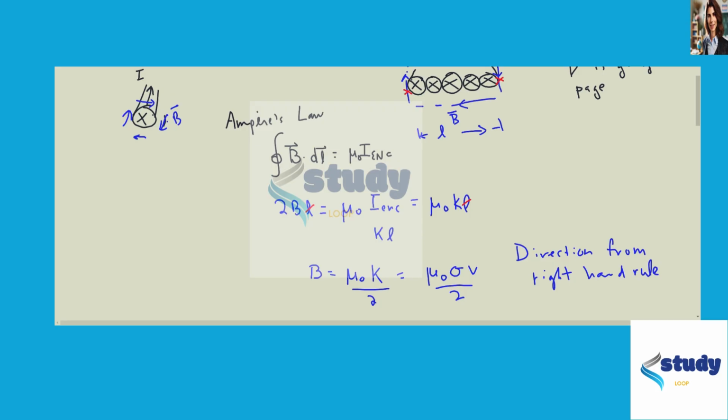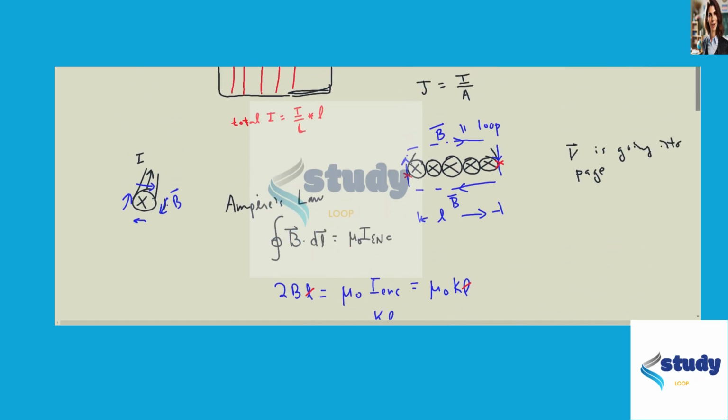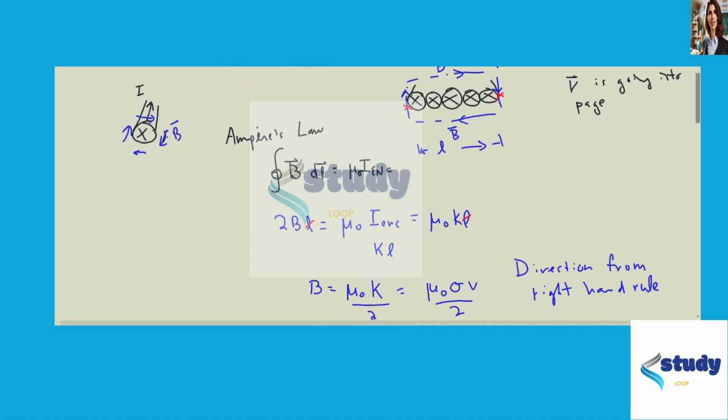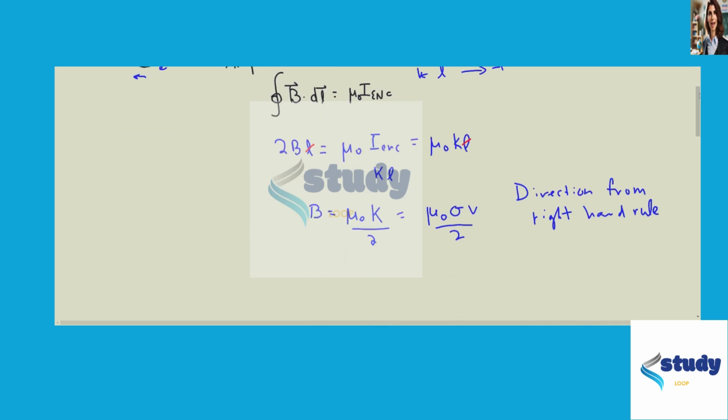Okay, so you would use the right-hand rule in a similar fashion to wires. So here, let's say that the conveyor belt is going into the page. We would know that the magnetic field is pointing to the right above the plane.